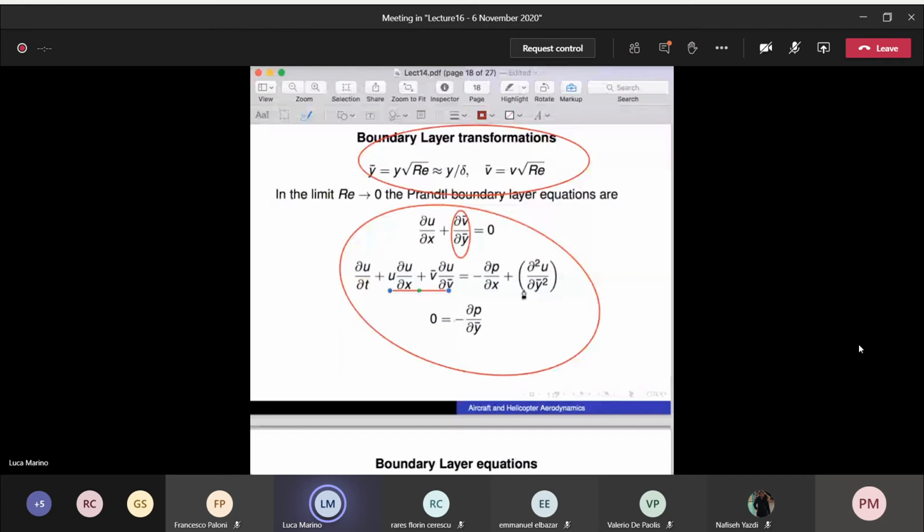We can fix x, solve for y, and then repeat the analysis for a new value of x, again for y. This is the so-called marching algorithm, the marching step. So we can split the solution in x and y, due to the splitting in the two scales, like we said before.